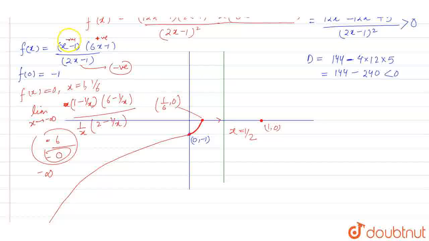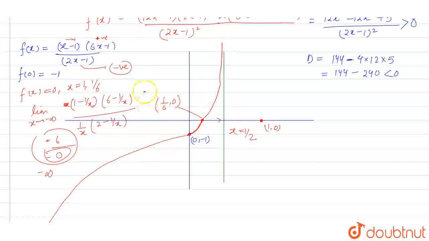And 2x minus 1 is negative. Basically negative, positive, divided by negative, so the whole thing is positive. So with this logic, this will approach plus infinity, going parallel to the asymptote.